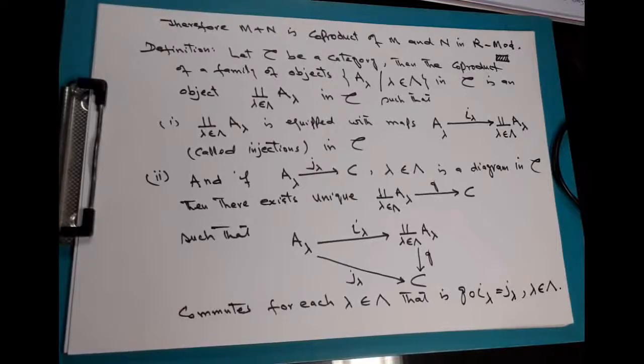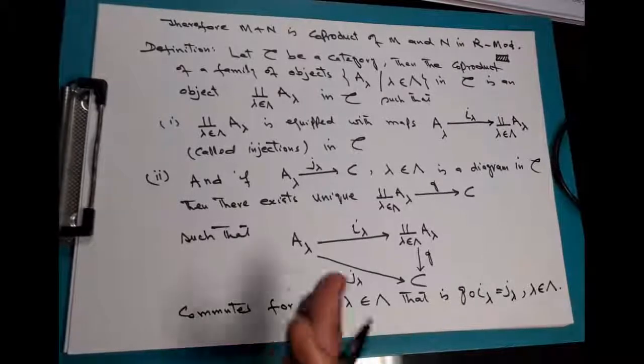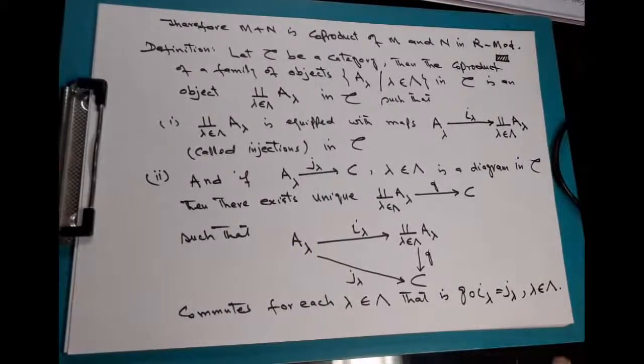Let me comment that it is not necessary that in every category products or co-products exist. It may happen that products do not exist. Same is the case with co-products. But what we have done is we have defined product and co-product in a category if they exist in that particular category.